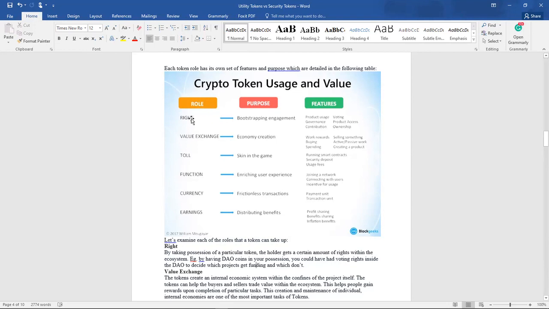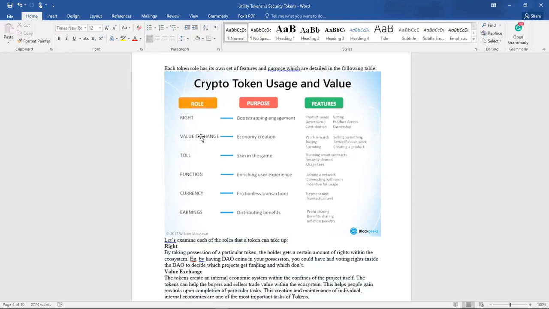It's giving you the right to access something. Then we have value. For value, the token creates an internal economic system within the confines of the project itself. So the token can help the buyer and the seller trade value within the ecosystem.